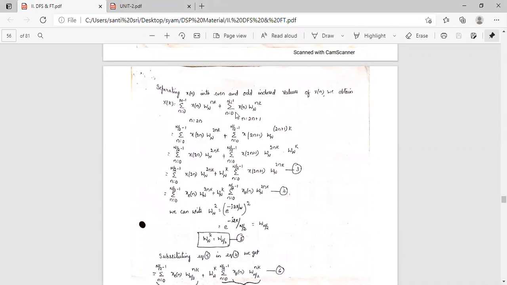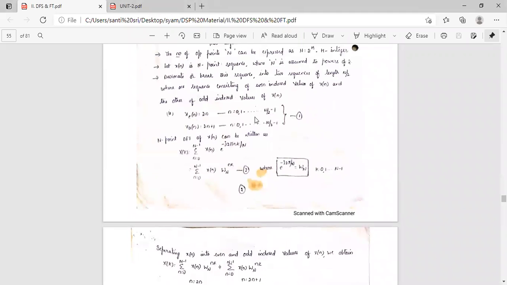Here, for the even indexed sequence replace n by 2n, and for the odd indexed sequence replace n by 2n plus 1, as represented in equation number 1.